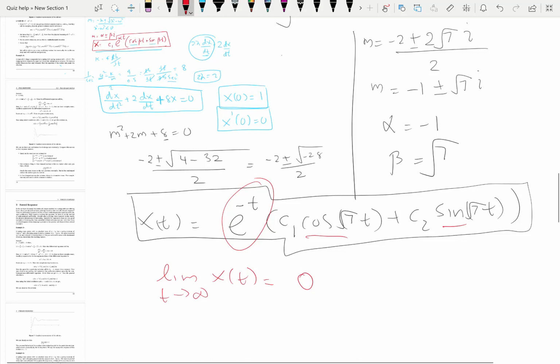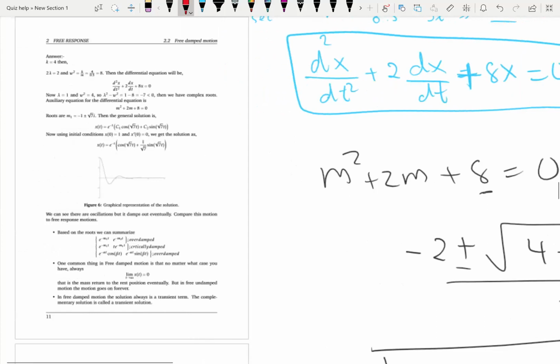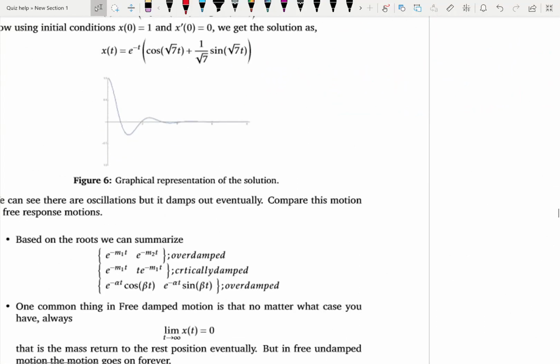You still approach the rest position, but oscillations are present because of the complex roots. This is the graphical explanation. You can see some oscillations, sine and cosine wave behavior, but it still approaches 0 very fast because exponential decay dominates.